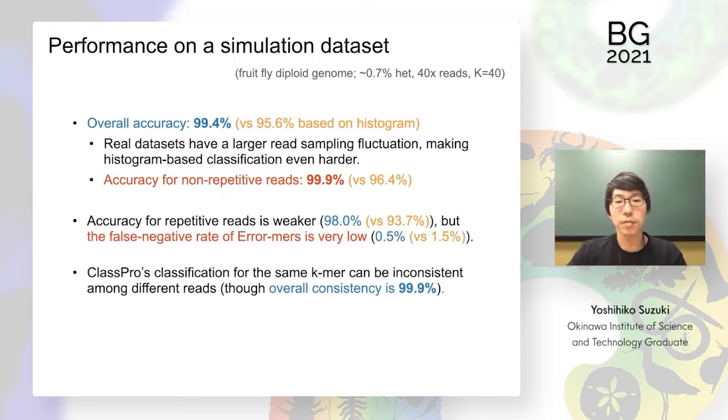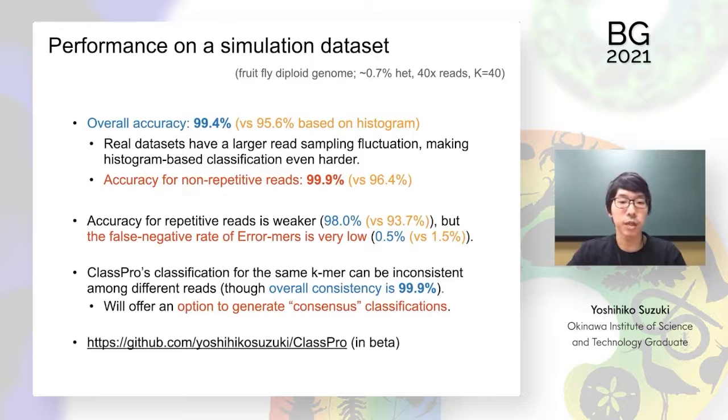Actually, ClassPro's classification for the same k-mer can be inconsistent among different reads because ClassPro classifies each read independently, although the overall consistency of the classification is 99.9%. So we will offer an option to generate the consensus of the classifications for each k-mer in a dataset. The beta version of the ClassPro program is available here, and it is still under active development.